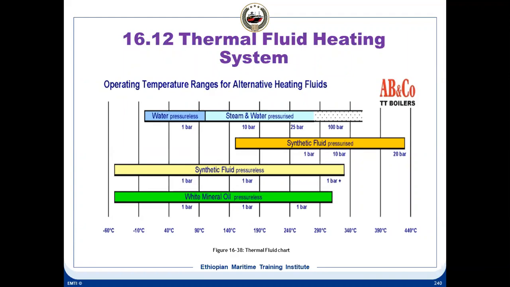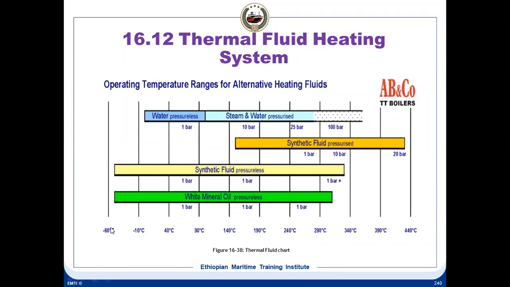Some of you may have worked on ships where they have thermal oil or thermal fluid heating systems. This system has some advantages, some disadvantages. The advantage is that thermal oil can be heated up to a pretty high temperature without increasing its pressure.